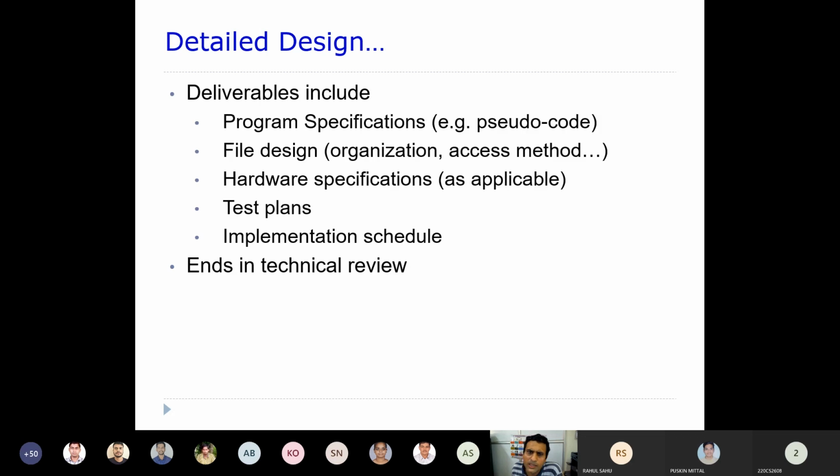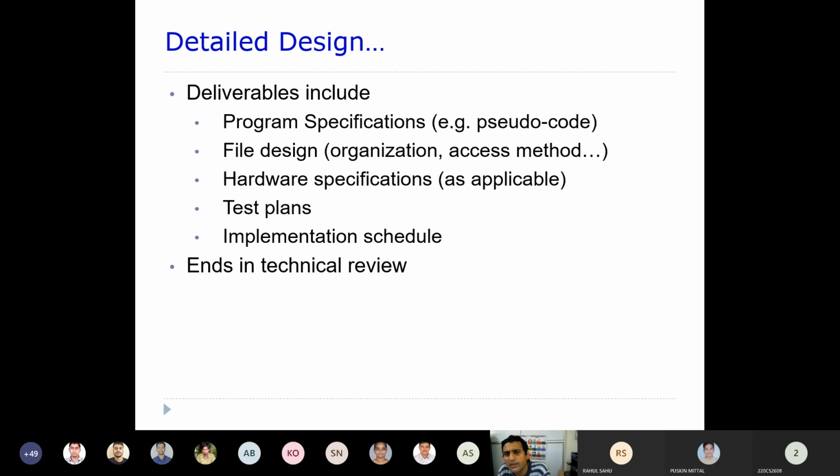Now, what would be the deliverables from this detailed design? Usually program specifications, so pseudocode, right? Every pseudocode is mentioned out here, part of any detailed design, as I told you. Only that will be converted into an implementation, I mean converted into code.